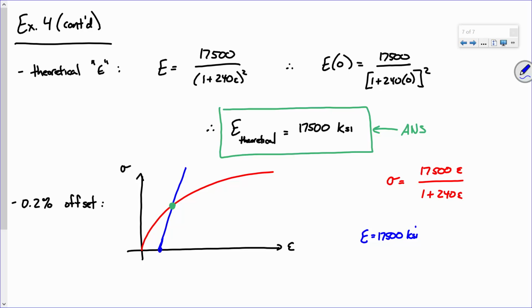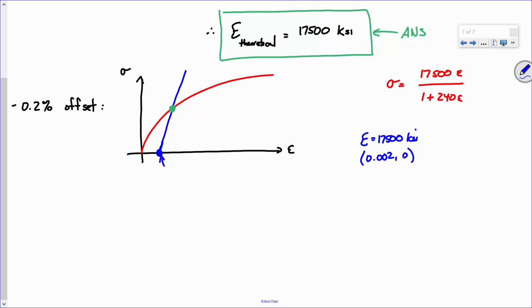What is that point right there? Comma, think x and y. There we go. So 0.002, comma 0. What I'm getting at is this.